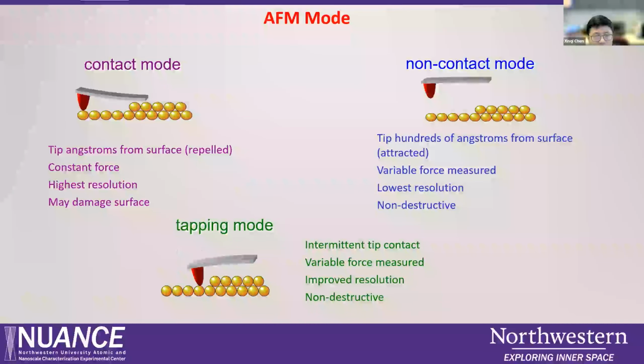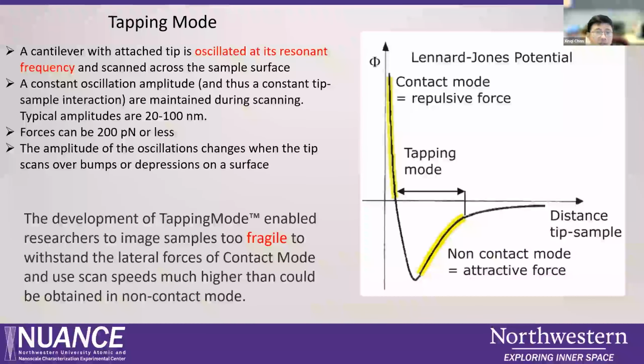Okay, so next. Here shows a very well-known potential that depends on the distance. On the left of this graph is the contact mode, a repulsive force, where you touch the surface. On the right, if you keep a distance, there's attractive force.